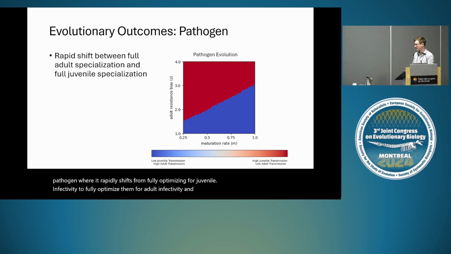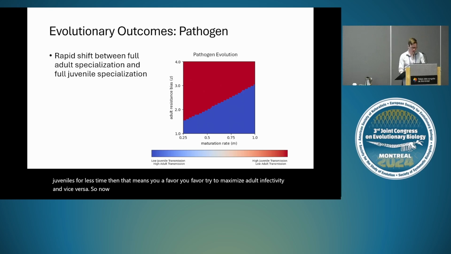And this is, again, given by the parameters you would expect. As the maturation rate increases and individuals are juveniles for less time, you favor trying to maximize adult infectivity, and vice versa.